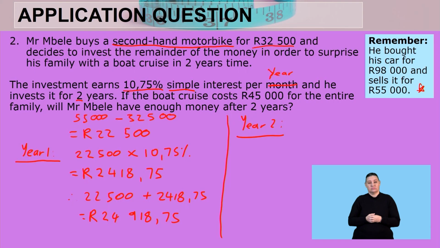Again, simple interest for 2 years. We've got to go to year 2. We're going to take the amount at the end of the previous year, 24,918.75.